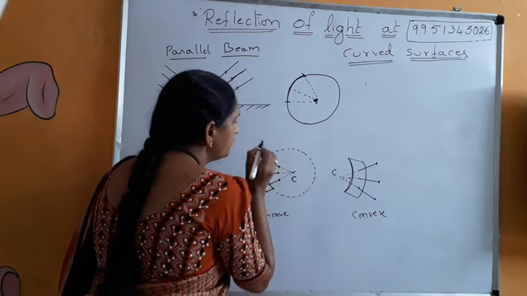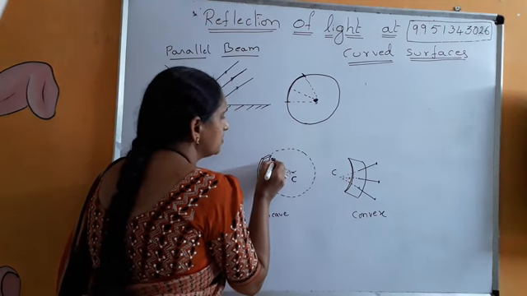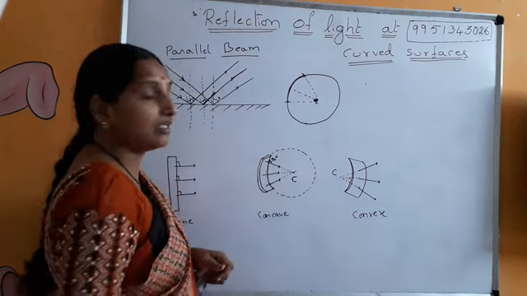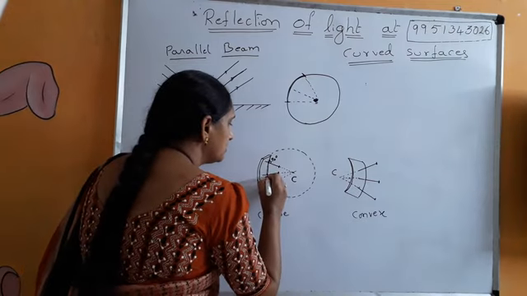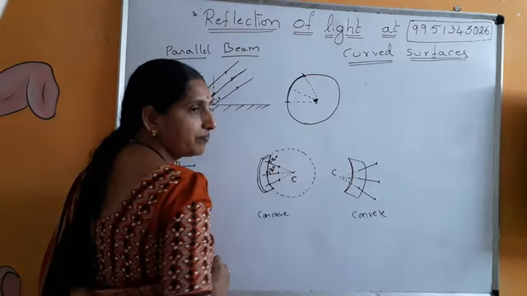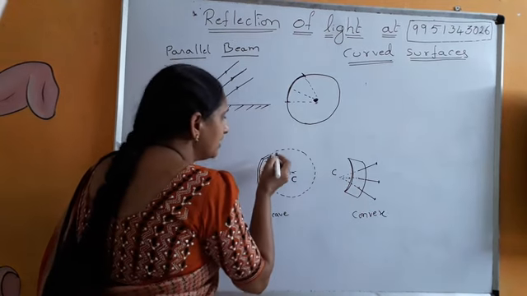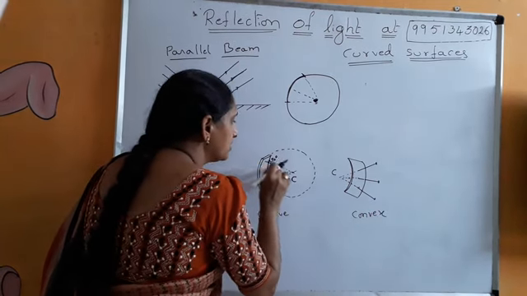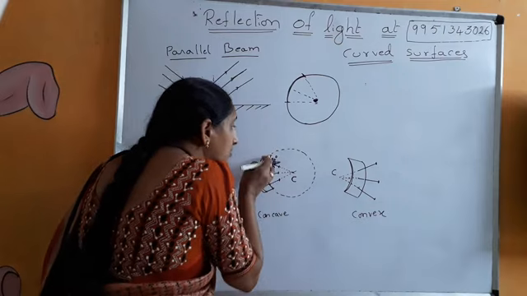If you keenly observe, this is making an angle of 90 degrees here, and this is making an angle of 90 degrees here. Like that, at every point this forms a normal, that is, a perpendicular to the surface.